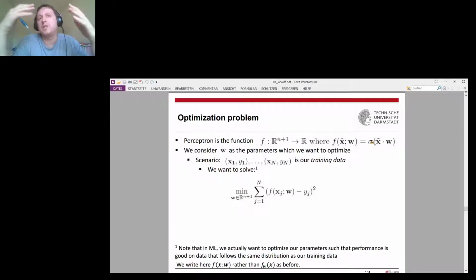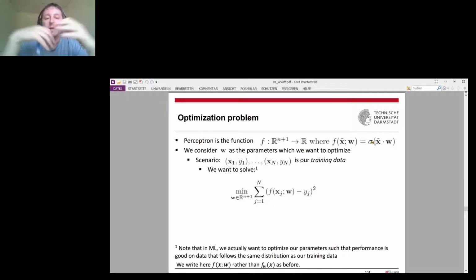This could be different images or different sentences or different documents that we want to classify. And associated with each input x_i is also a label y_i. In the simplest case, that would be a real number, so it could be a 1 or a 0.